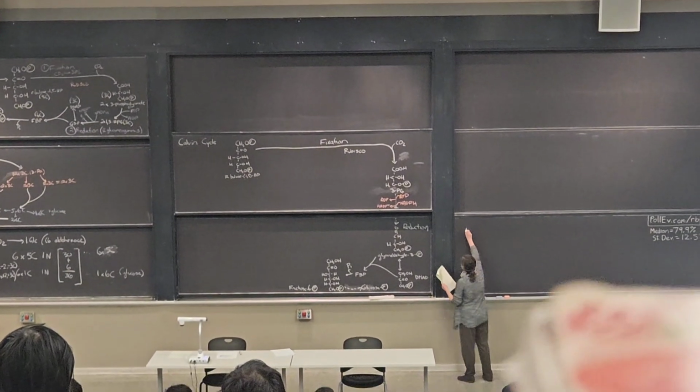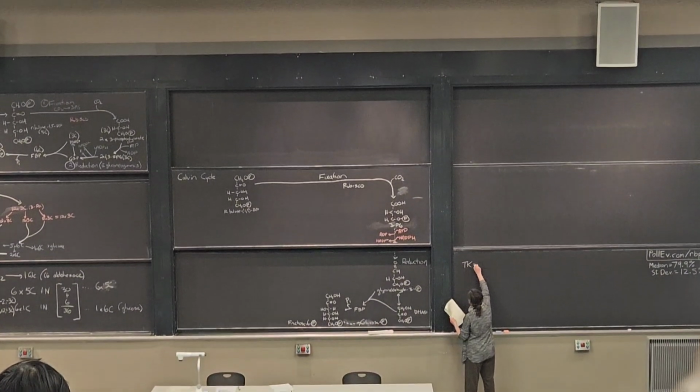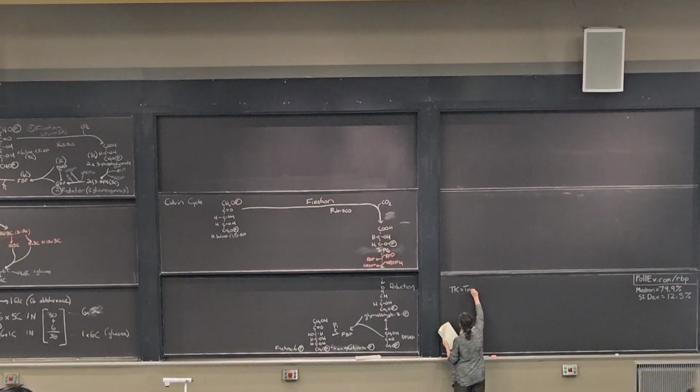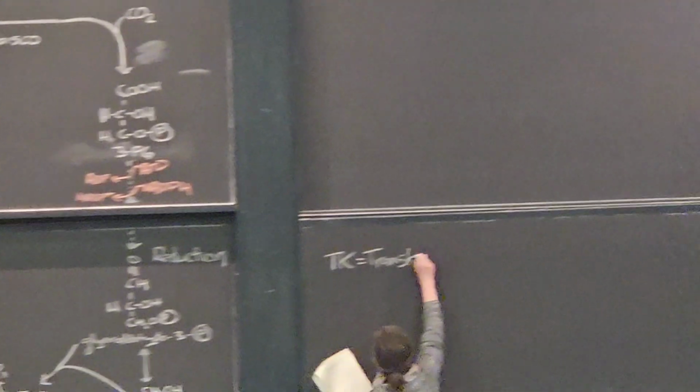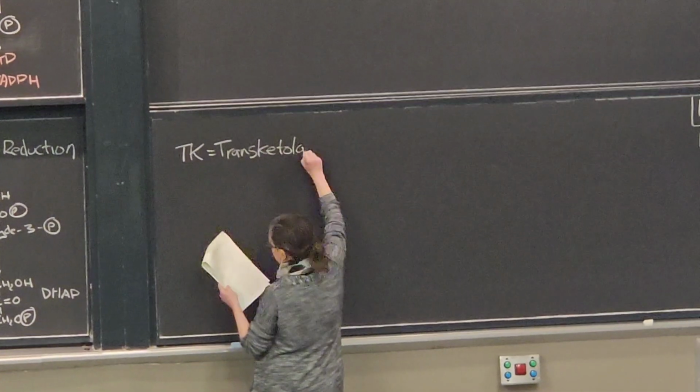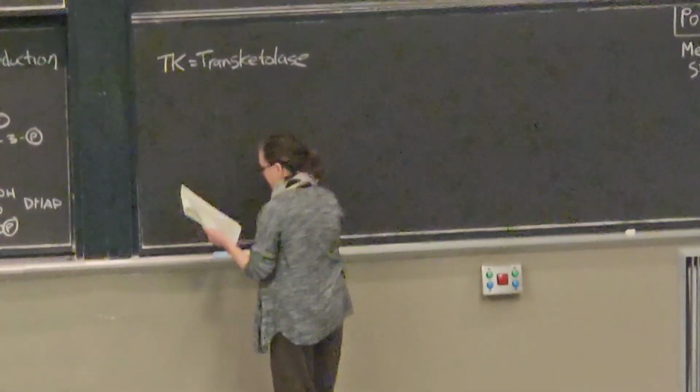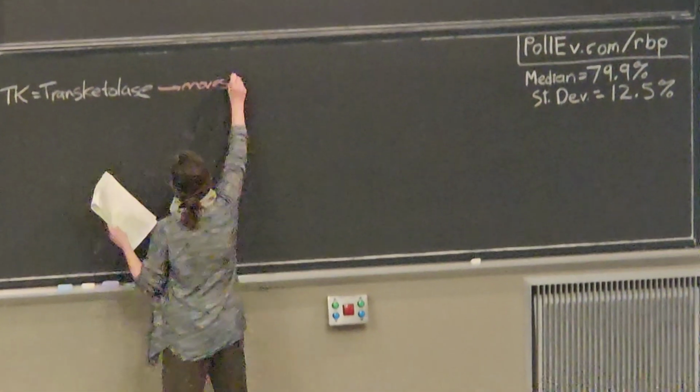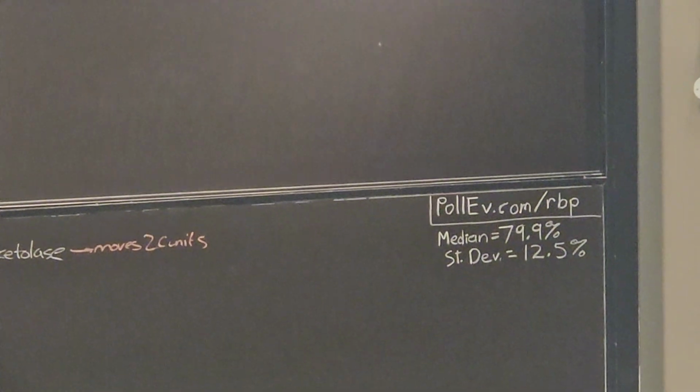One is called transketolase, abbreviated TK. This thing moves 2-carbon units. And we have another one that's called TA, or transaldolase.